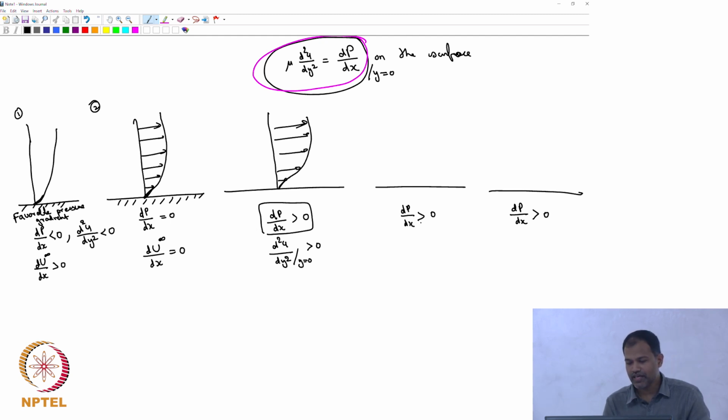So, if dp by dx is even larger, what would you expect? This curvature would increase at the wall. It would almost become flat and do that.